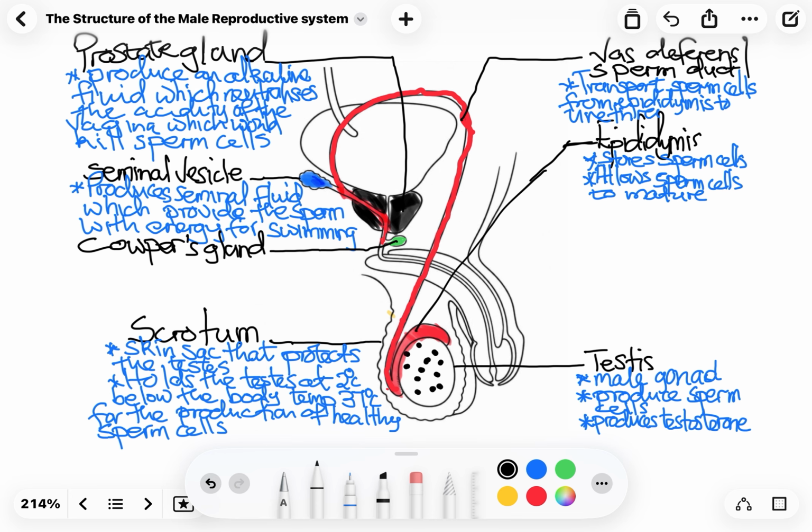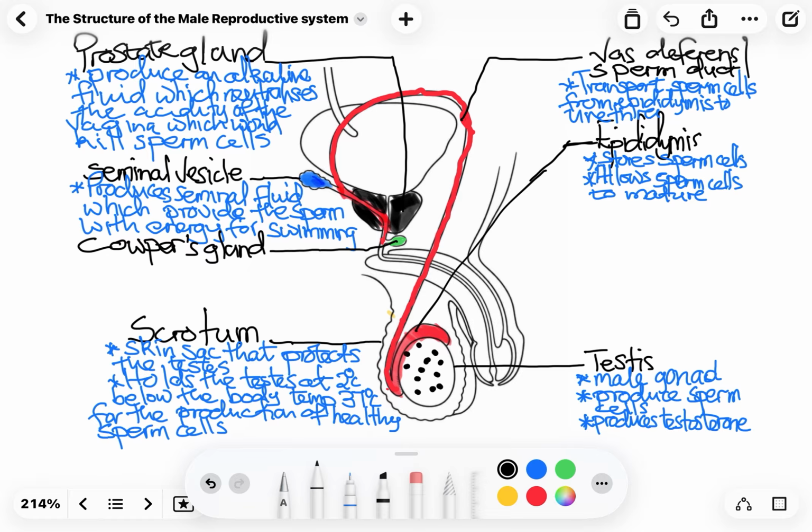Remember, it's about the sperm cells. I think you have seen throughout this discussion that it is about the sperm cells being healthy, having energy, and also being able to swim. So this corpus gland is secreting mucus, right? And this mucus is going to assist the sperm cells with movement.